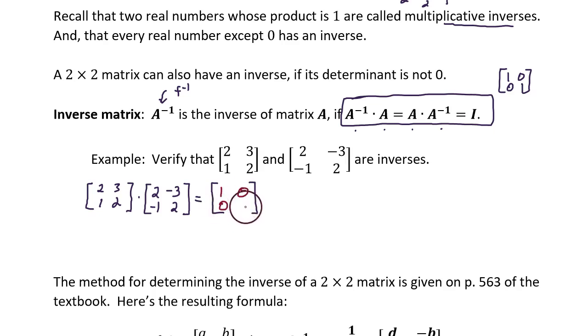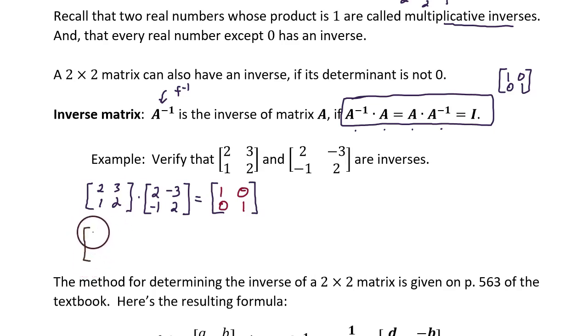And now we'll do the bottom right position. 1 times -3 is -3, plus 2 times 2, which is 4, and that does make 1. So this does make the identity matrix, but even that's not enough to know for sure that these are inverses, not until you multiply them in the other direction as well.